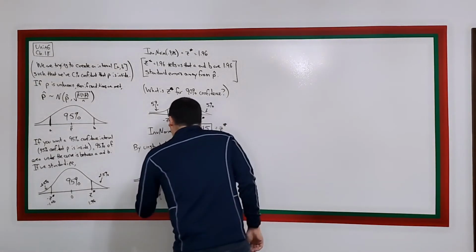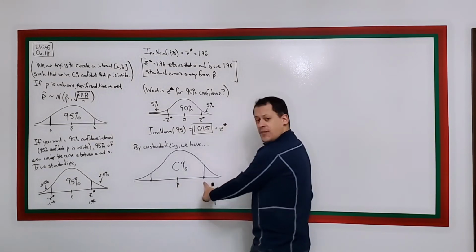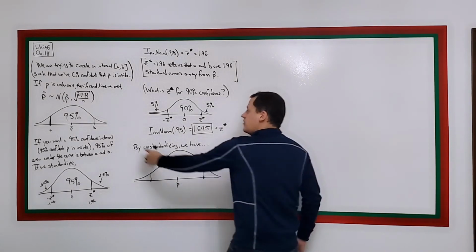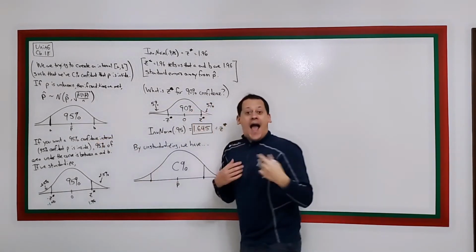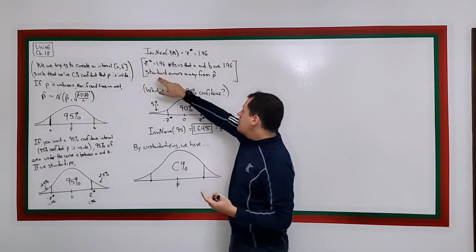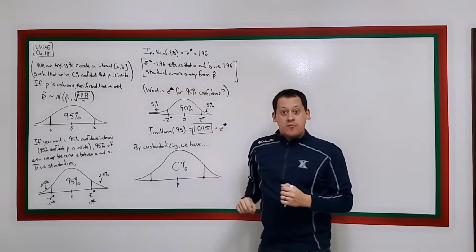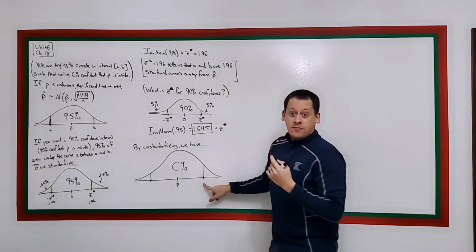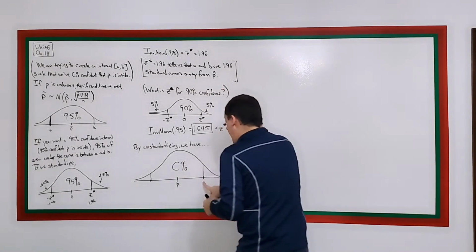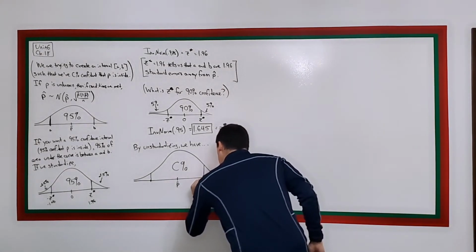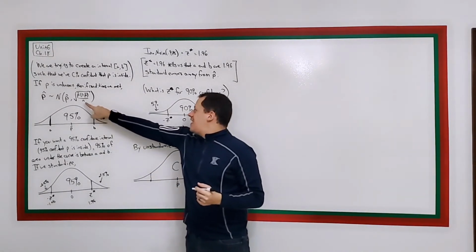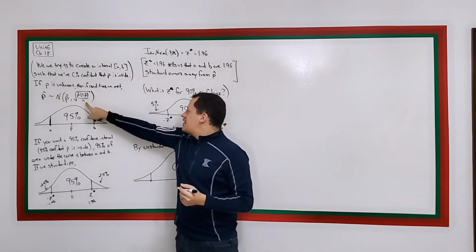Okay. Now, we know that this value here, the upper end point of our interval that we used to call b, actually represents the fact that we are z star standard errors away from p. And if we're on this side, it means we're z star standard errors above p. So this value is z star times the standard error of p hat, which is this here.